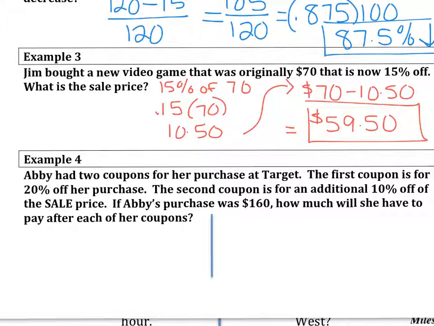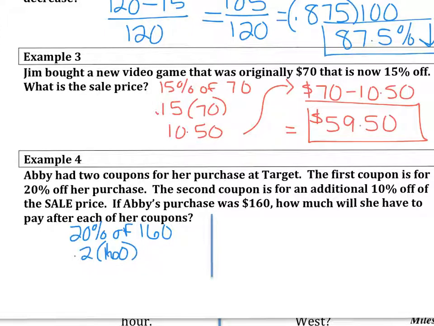So if her total purchase was $160, we could easily find 20% of that by doing the decimal form of 20%. So we're essentially doing 20% of 160, which we think back to our equation method would be 0.2 times 160.